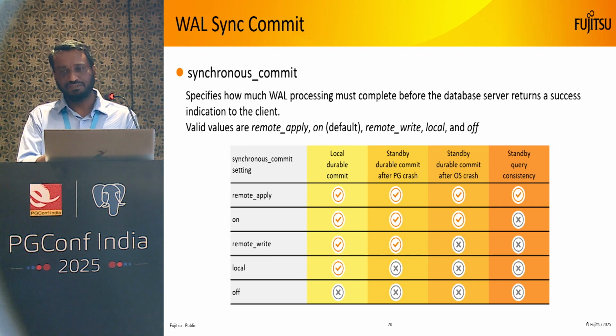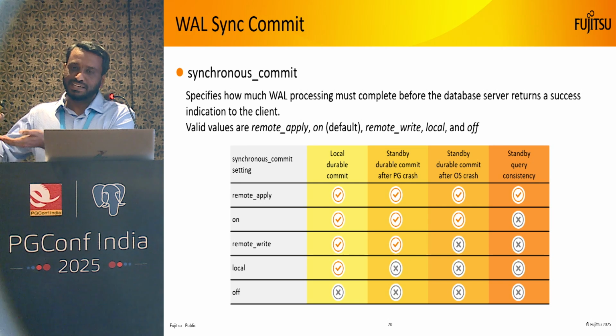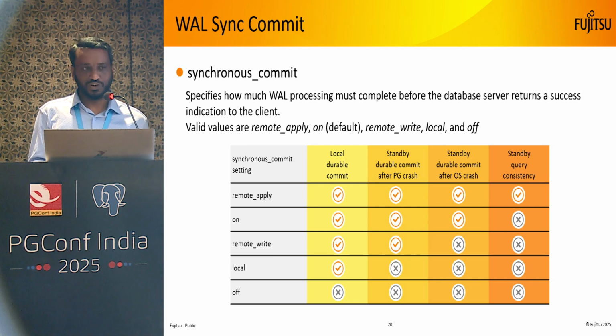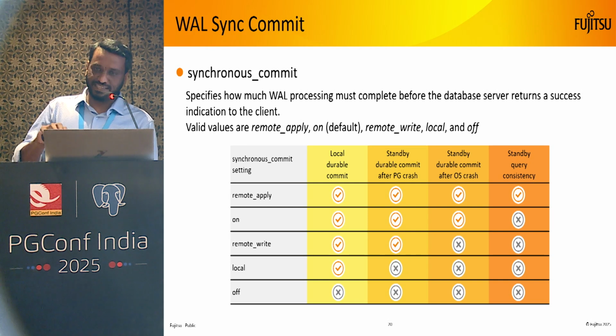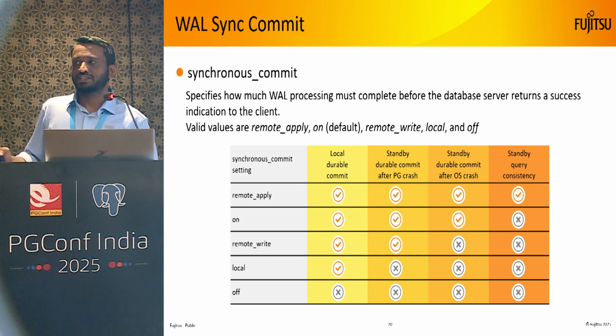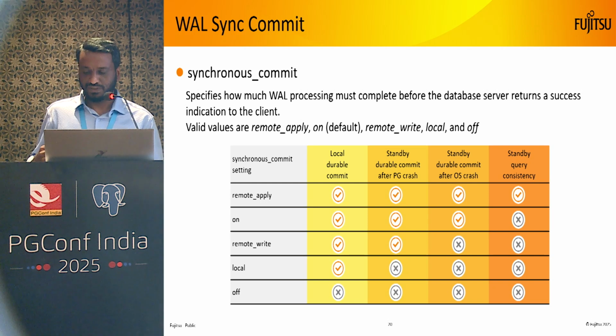So here the WAL data is sent from the primary node. In the previous case, it was in memory. In on, the standby's WAL buffer will be flushed to the WAL file. And the highest level is remote_apply. Apart from sending to the standby and flushing to the WAL file, we also make sure that this transaction is applied in the standby node. So whatever data is happening in the primary node, you will see the same data in the standby also.